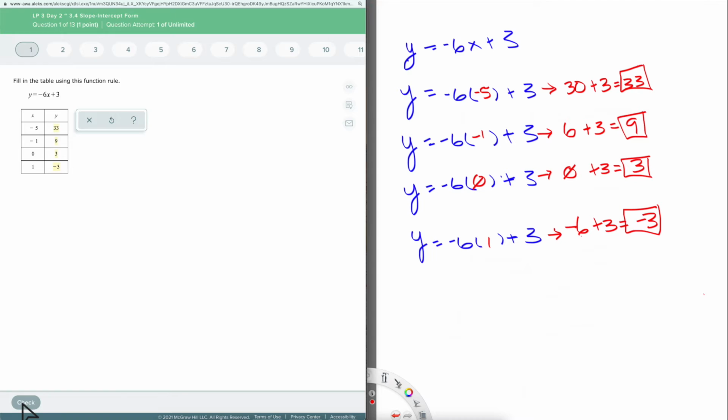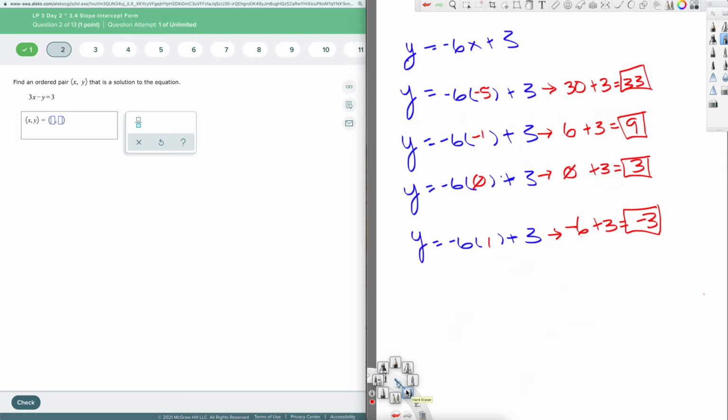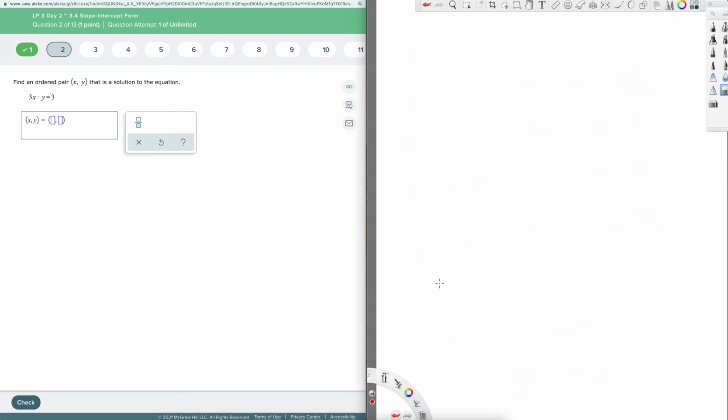All right, next we have: find an ordered pair that is a solution to this equation. So with this one, they're not telling me what to plug in, are they? I have to decide what I'm plugging in here. And you can decide anything at all, anything you would like to plug in.